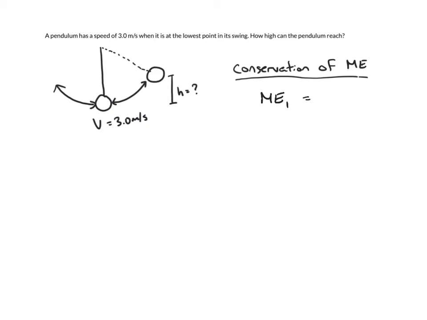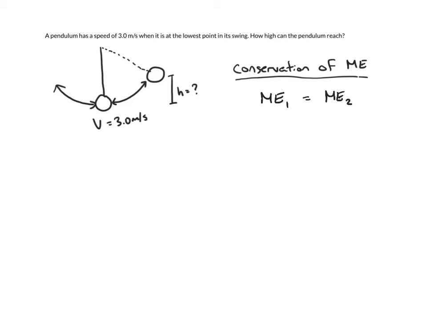So it's going to equal the mechanical energy at any other point, which I'll call ME2. So the 2 points I'm referring to for this problem would be 1, the pendulum at its lowest point, and 2, the pendulum at its highest point. When you calculate the mechanical energy at both places, they better be equal according to the conservation of mechanical energy.